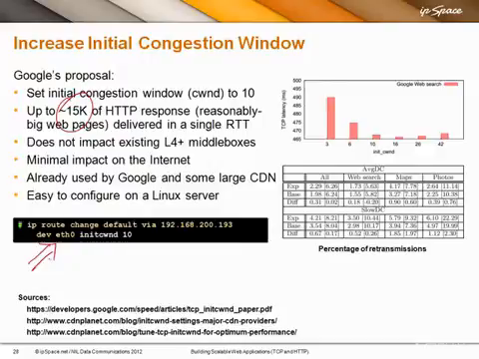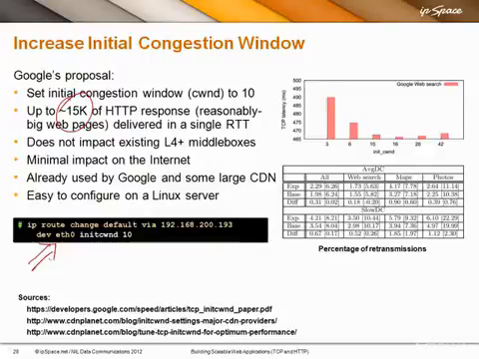So this is how you change the initial congestion window for the default route. On a Linux server, actually, you can do this for individual prefixes. And it does not impact any firewall, load balancer, or HTTP proxy. And it also has minimal impact on the internet. So if you're really interested, go and read the papers that Google developers published, the first one in the sources list. It's already used by Google and some CDN networks.